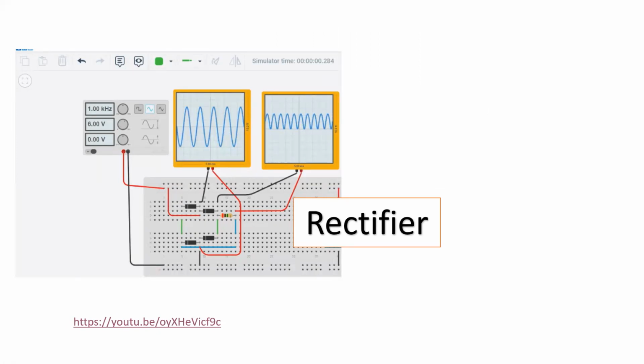If possible, we will put it in the comment section so that you can also view this video. If you can see this Tinkercad model, when you give an oscilloscope the sinusoidal waveform, we connect the diodes in this fashion, resulting in a full wave rectifier operation at the output section.